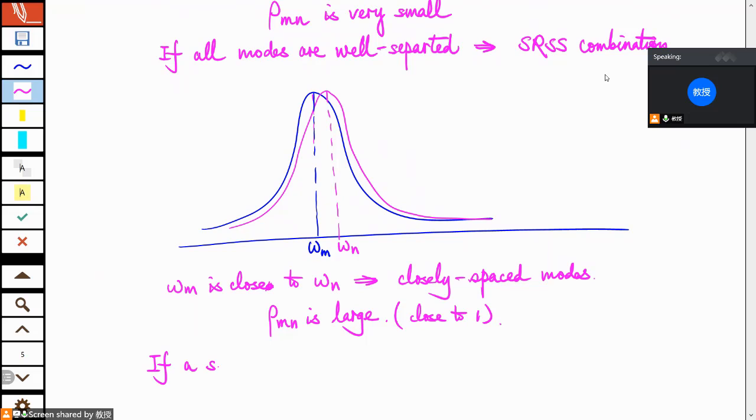And so if a structure has closely spaced modes, we have to use CQC combination.